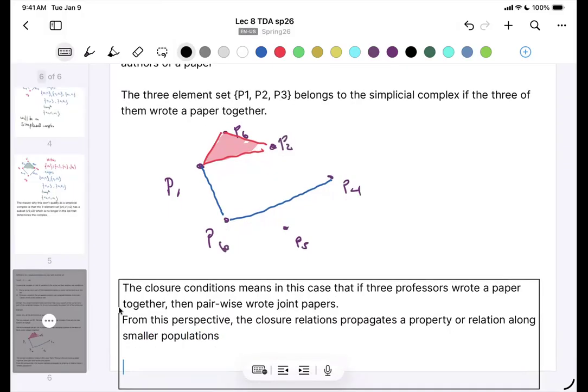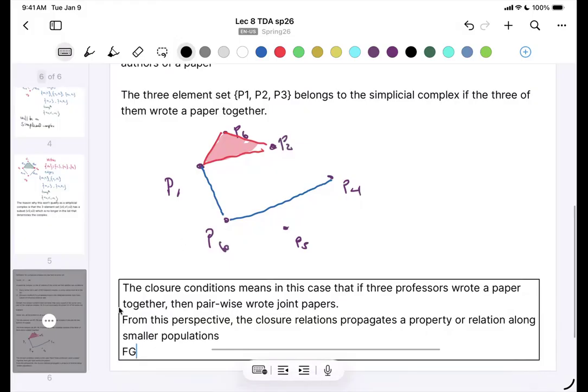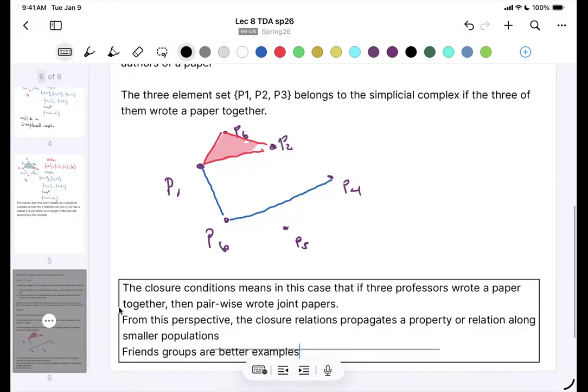And so another example was this friend group example. Because if four people are friends, you expect the smaller subgroups of those four people should be friends as well.